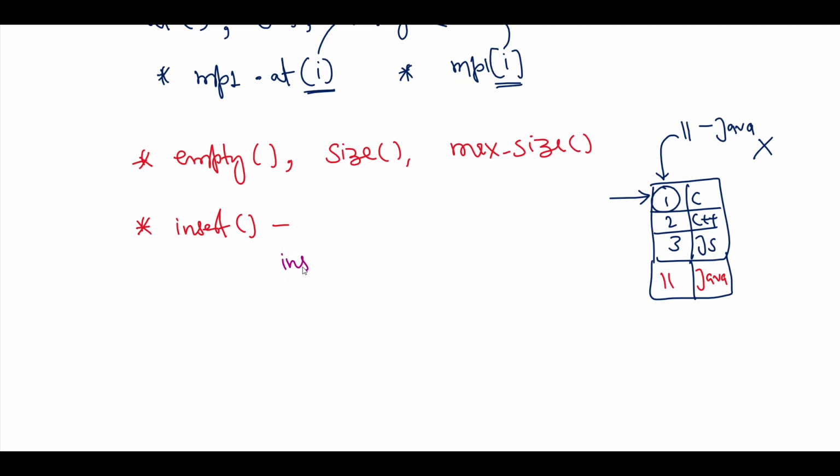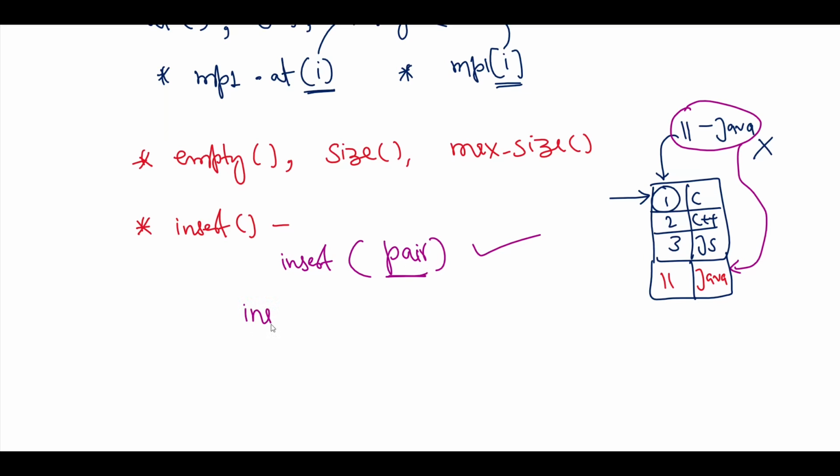But there are two ways of doing all these things. So one variety of this function is insert, and you can pass pair. So a pair of key and value is inserted in the map. The inserted pair is always inserted at the appropriate position as keys are arranged in the sorted order. So if you pass 11 Java, it will put it at the end, right? So we are just passing pair here. We'll learn later in this tutorial that what do you mean by pair.